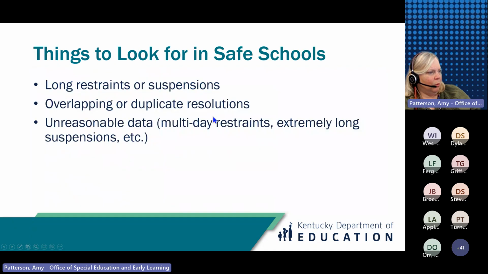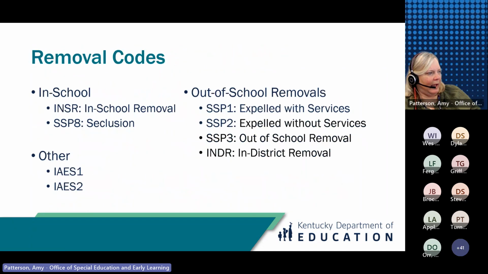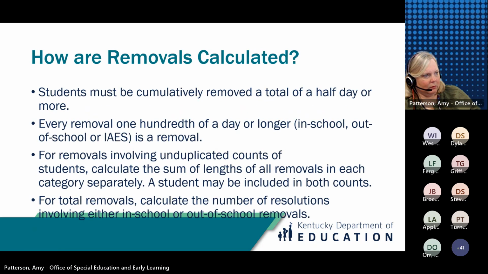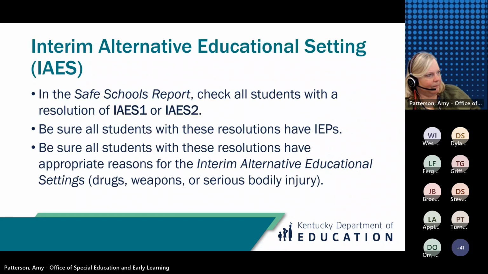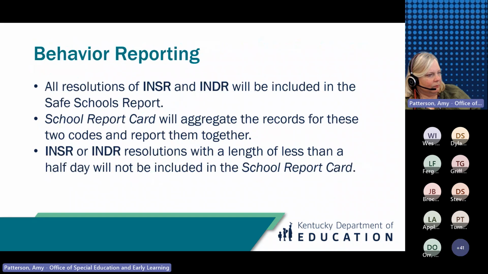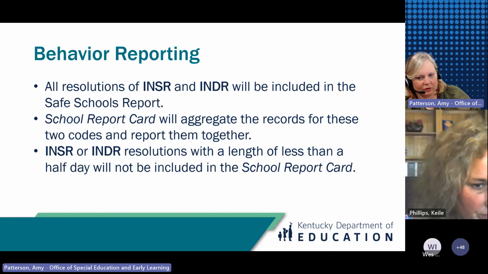If you only want to look at these state resolutions, a lot of times you'll see a blank state resolution, I don't look at those. I don't use those at all. School report card aggregates INSR and INDR and reports them as an in-school suspension.